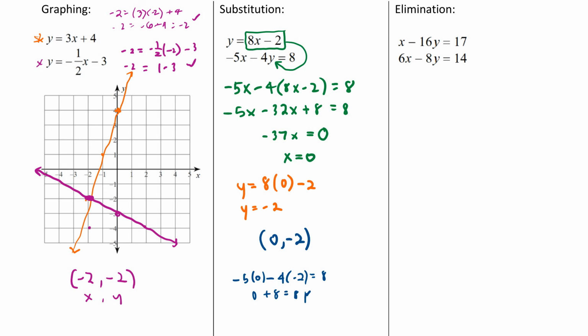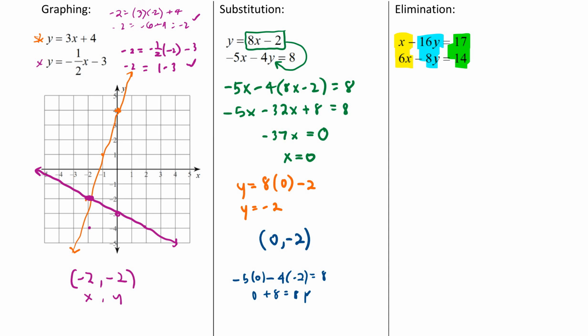Now we're going to solve with elimination. Elimination usually happens when the lines are in standard form, and you'll see that the x's are stacked up, the y's are stacked up, and the constants are stacked up. And what I'm going to do is add or subtract the columns so that I can eliminate one of the variables.